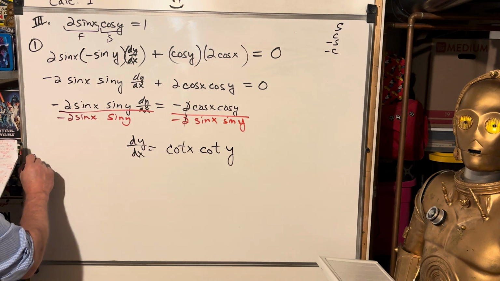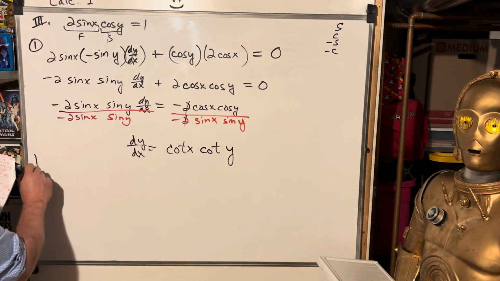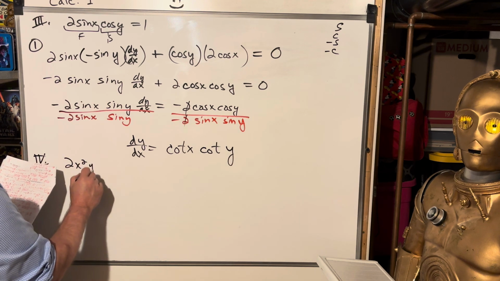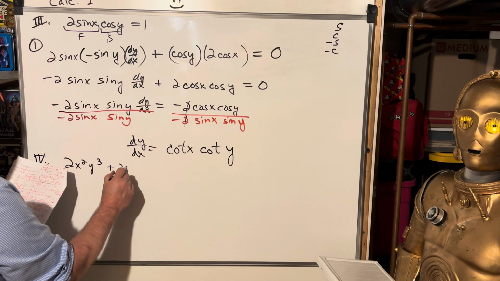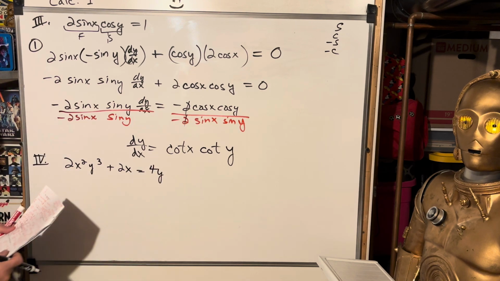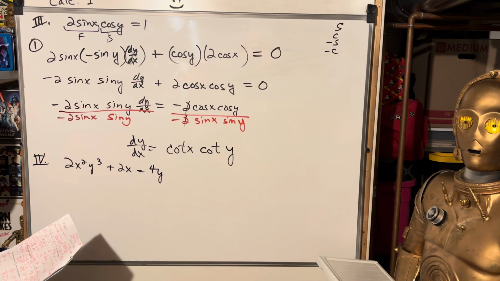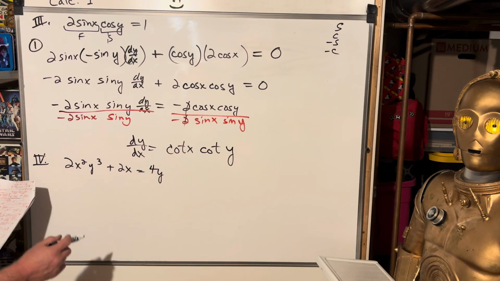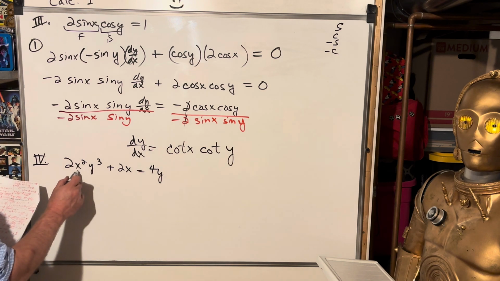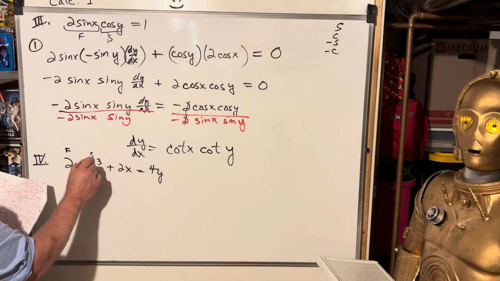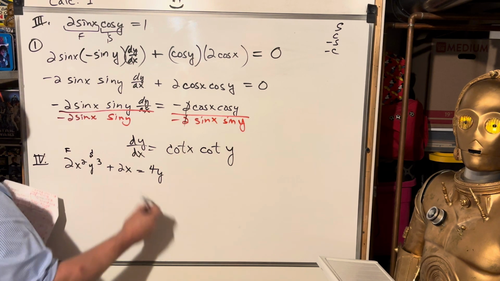Number, what are we on? 4. We got 2x squared y cubed plus 2x equals 4y. So again, we've got first and second, and the rest of them are single terms.